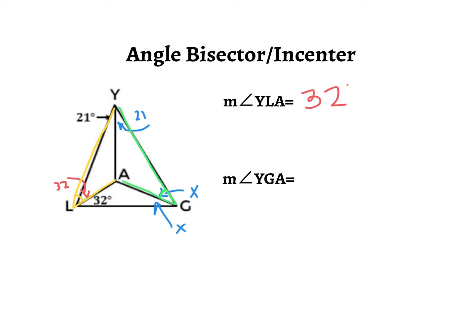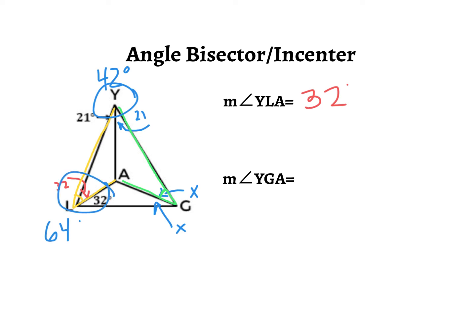One thing you can do is, because we have 2 x values, one big angle that's being cut in half, you can add up all of the angles here and set them equal to 180. So this whole big triangle, we can add them up and set it equal to 180. So angle Y, before it was cut in half, was 42 degrees. That's angle Y. Angle L was 64 degrees, right? 32 plus 32.